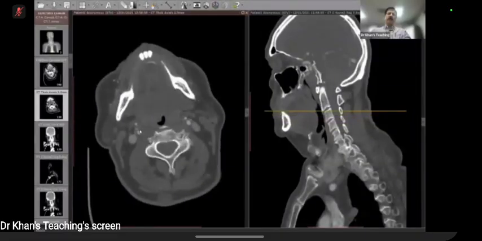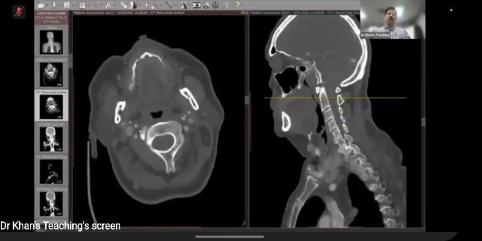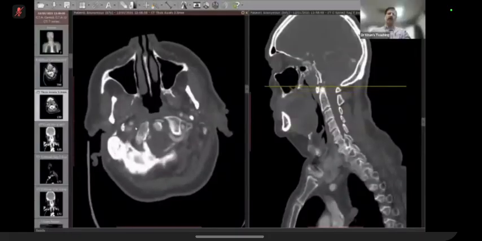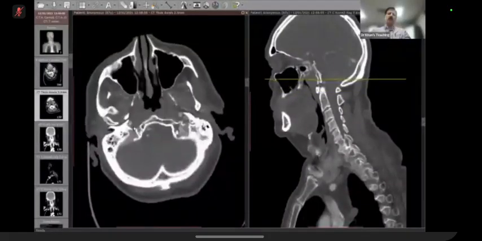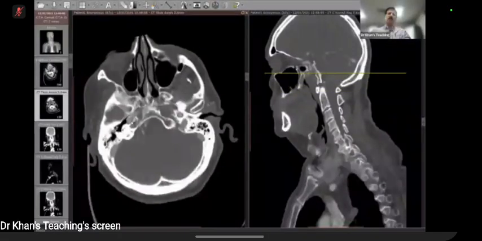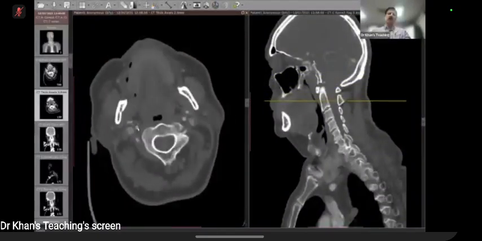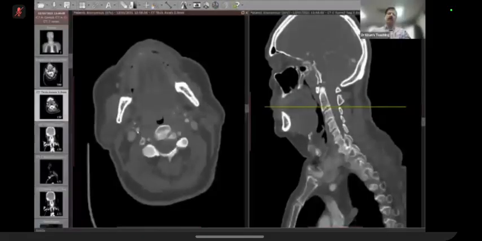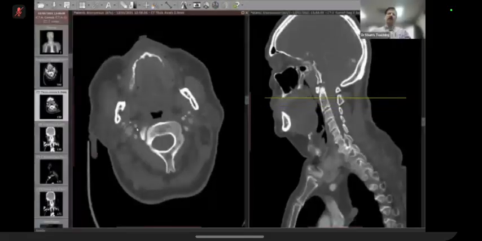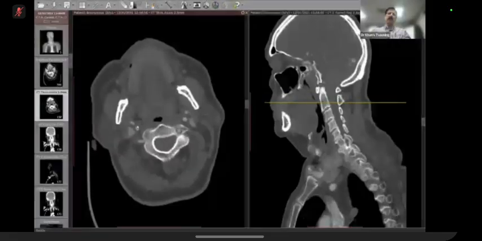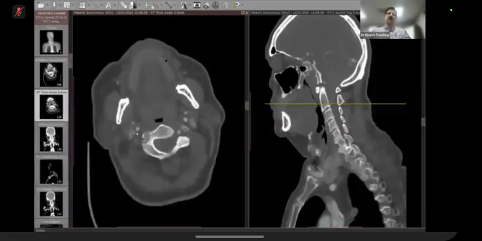Now we are going to follow the internal carotid and see how it goes into the carotid canal. So this is the internal carotid. Let me trace it backwards. So this is the internal carotid artery, and if you see here, this is the carotid artery and this is the jugular vein. And everything here together is in the carotid space.